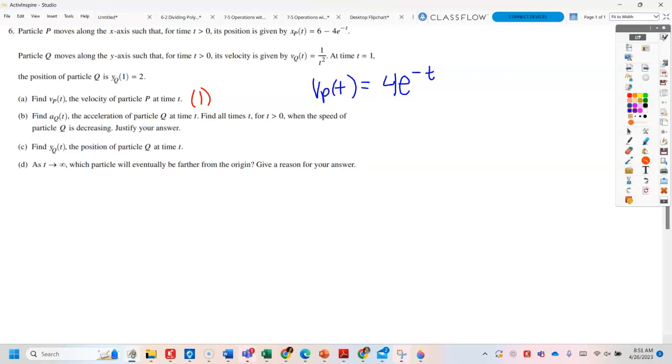That earns you 1 point. Part B, find the acceleration of Q. Find all times at which the speed of the particle is decreasing. Justify your answer.